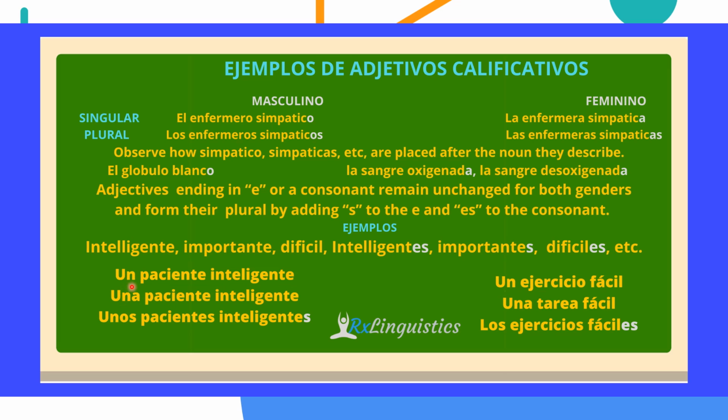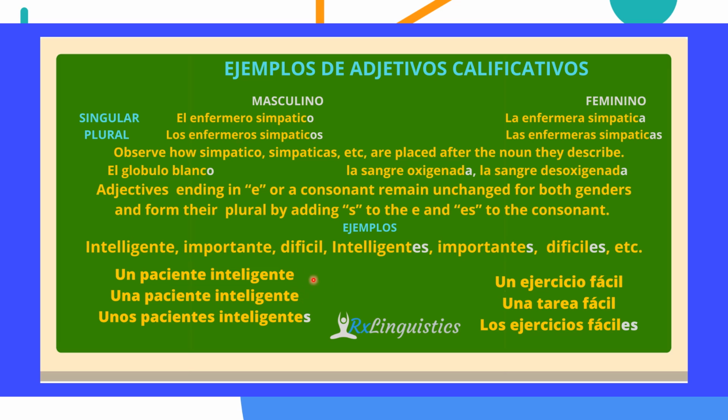Okay, here you have un paciente inteligente. Okay, but here you have una paciente inteligente. Un paciente is a male patient. Una paciente is a female patient. They both are inteligente, but there's no difference in the way the word is spelled, especially the ending.